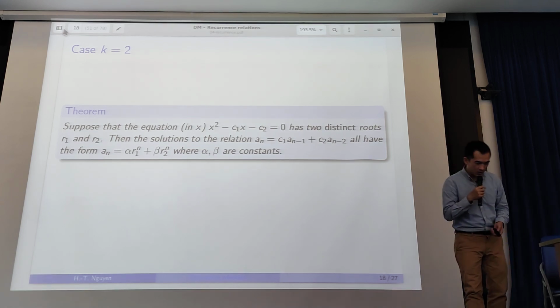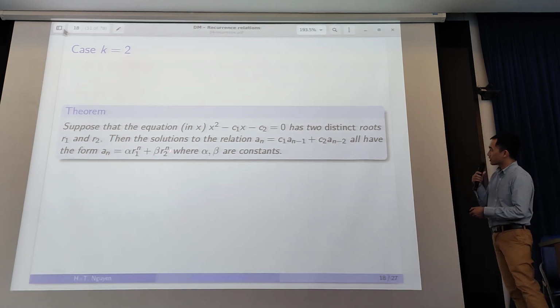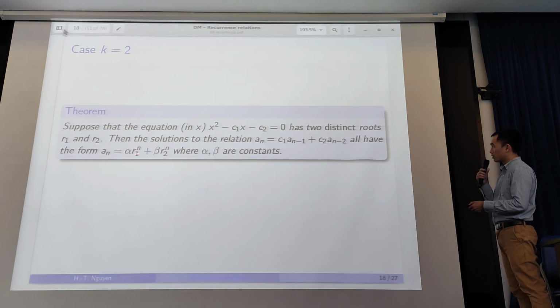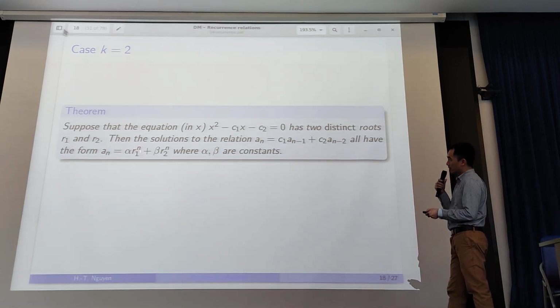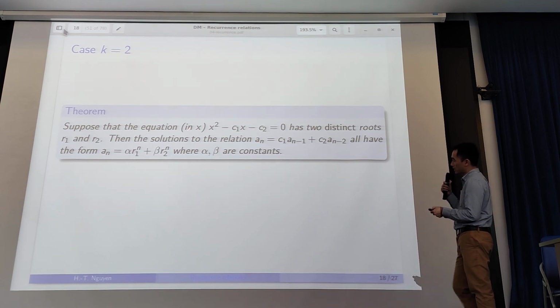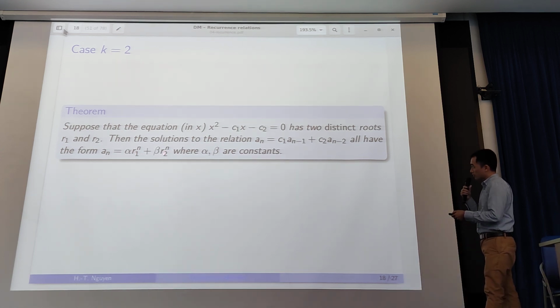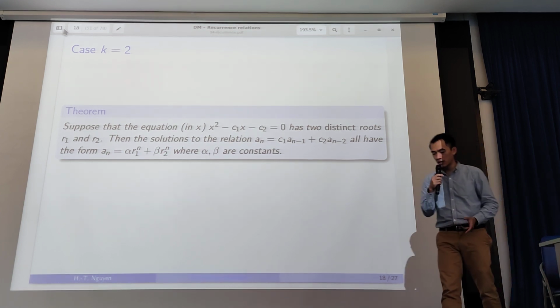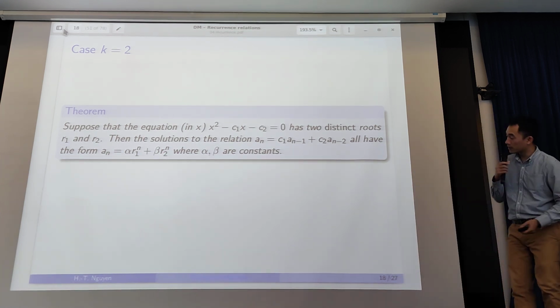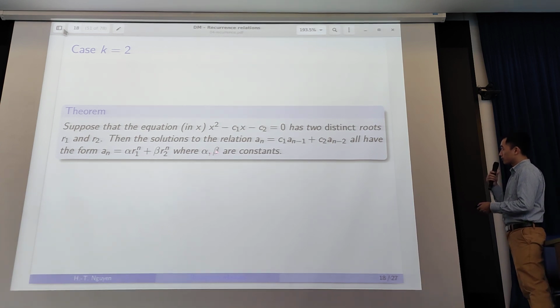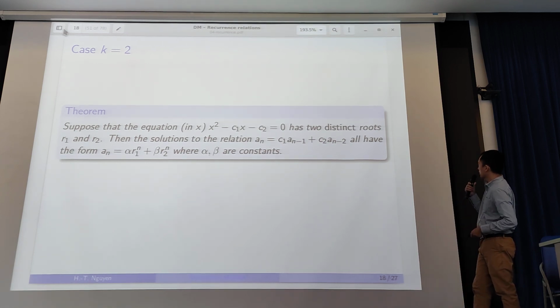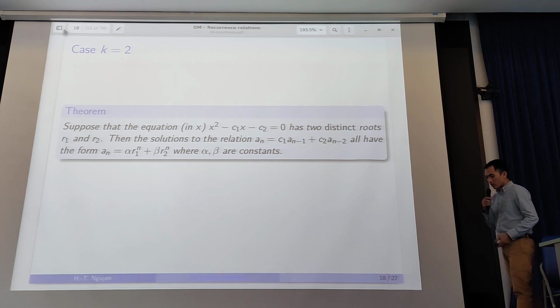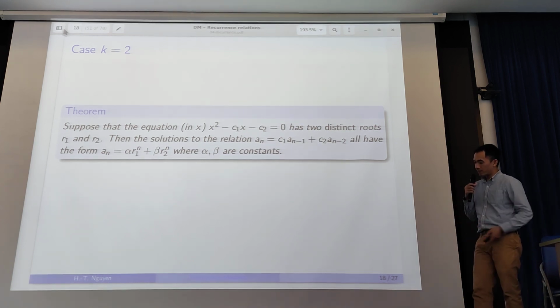I don't know what you have seen in linear algebra, but you can think of this as a linear combination of two basic solutions. One basic solution is this geometric sequence, and another is also a geometric sequence. If you combine those two solutions linearly with some constants, then you get a general solution for this relation. So this is the general form.